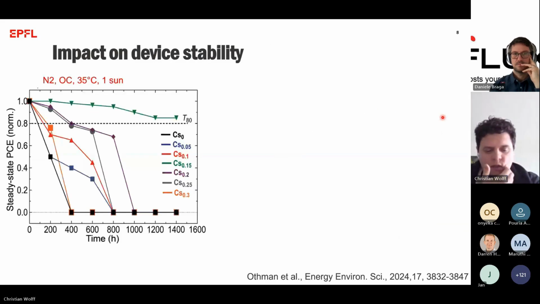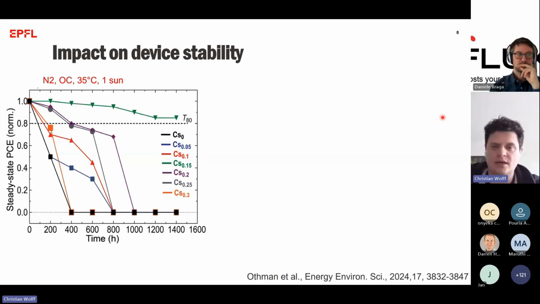As many of you know, a question that is still looming with regards to whether perovskites can be commercialized or not is their stability. So it was a natural question for us to check how these stacking faults and/or delta phase inclusions impact the stability, and we did this in two ways.